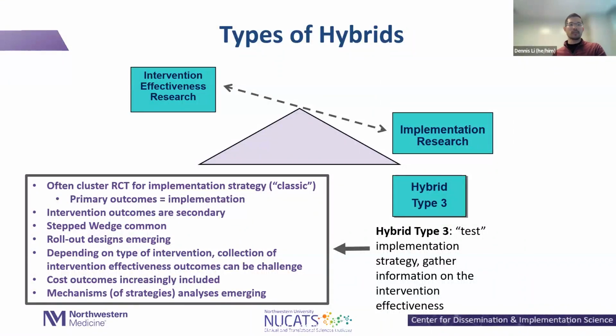Many times, this shows up as a cluster randomized controlled trial of the strategy, and you're using a lot of administrative data, oftentimes trying to avoid primary data collection of effectiveness data, but using administrative or other types of surveillance data to get a hint about effectiveness as well. And here's where you'll see a lot of the step wedge and rollout designs coming out.